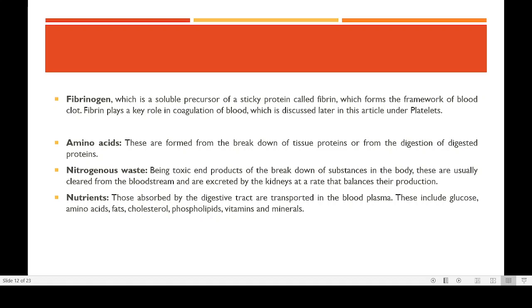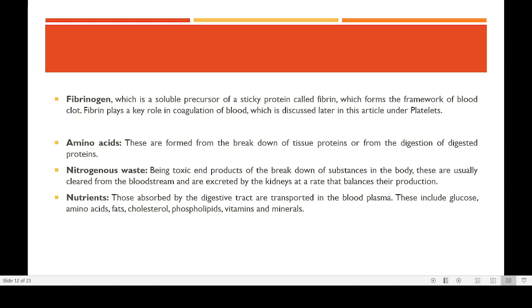So fibrinogen is a soluble precursor of this sticky protein called fibrin. It is by the formation of fibrin at the site of an injury or a wound that blood clotting takes place. Without fibrinogen, this clotting process cannot take place.